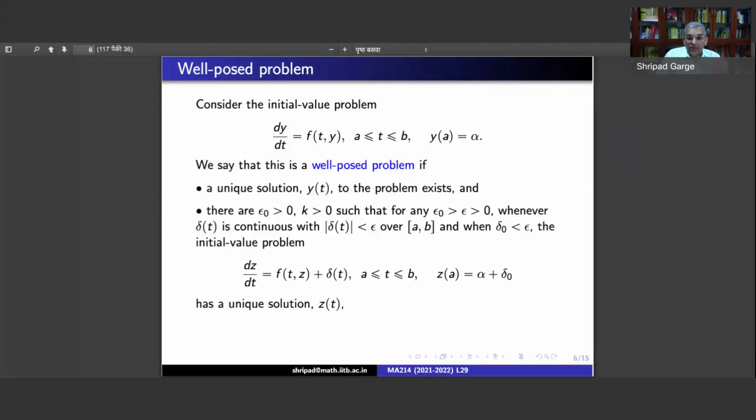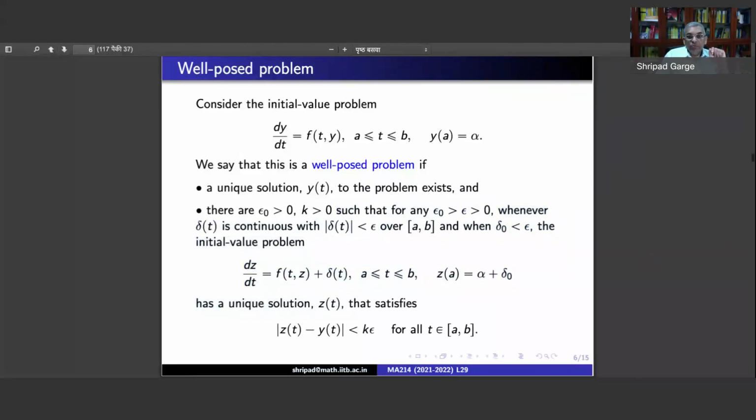Okay, so k so far has not come. Whatever we have said up to here doesn't contain our k. The k will come now. That solution z of t satisfies mod z of t minus y of t is less than k epsilon for all t in a, b.